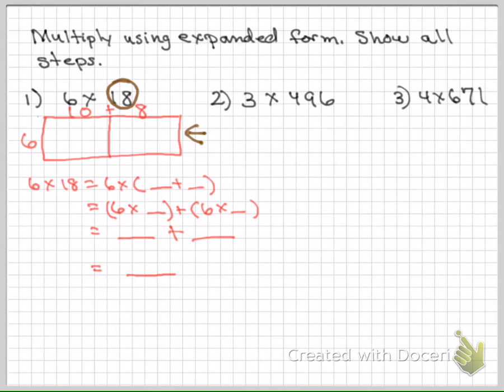Now you need to figure out what goes inside these blanks. I'll give you a little bit of a start. This is 10. This is 8. That's the expanded form for 18. Now you've got to finish it. Do the same thing with 3 times 496 and 4 times 671.